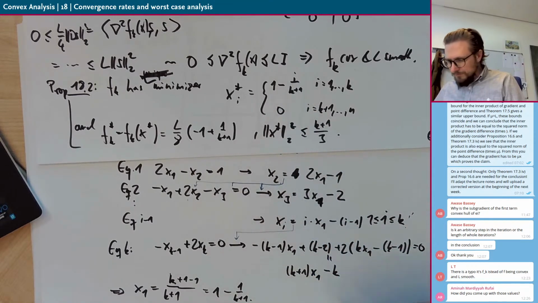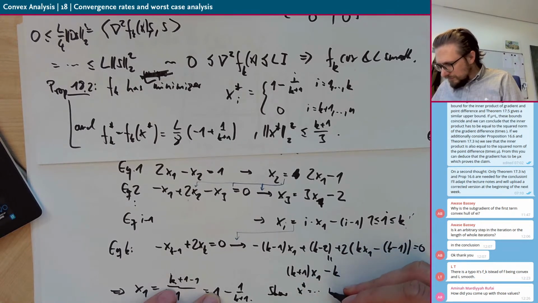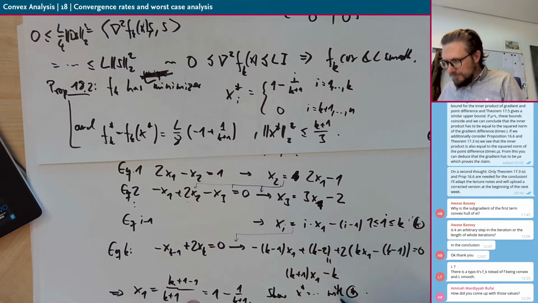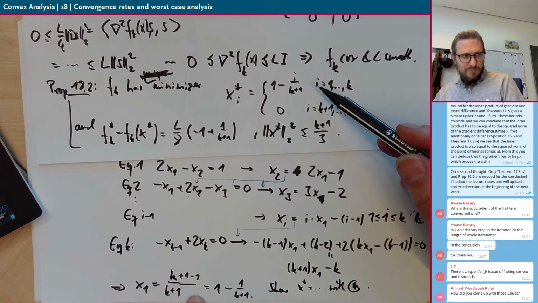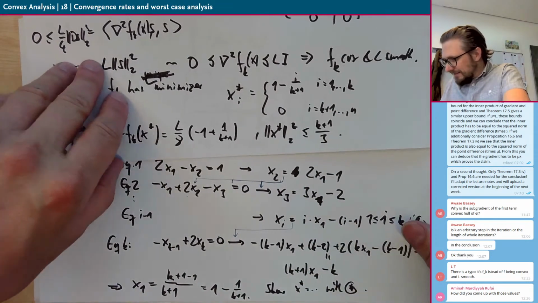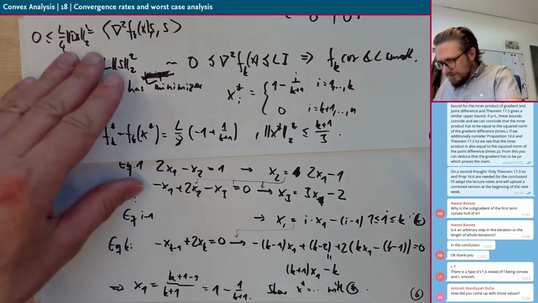This shows x star equal to this here. So we plug this in and then we get the formula for x star. So we have this already.